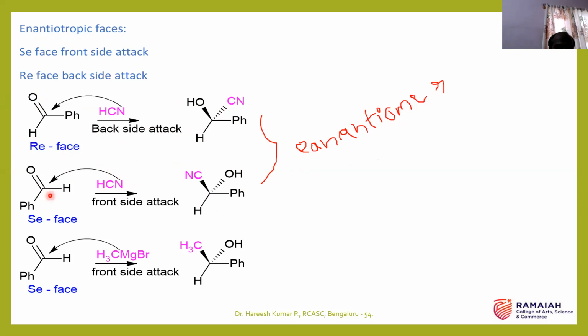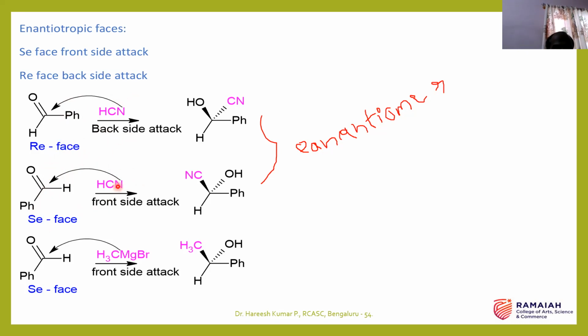And also you should be able to write the Re phase of benzaldehyde and the Si phase of benzaldehyde. In another way, you can also remember that if there is an attack from the hydrogen side, meaning the less hindered side, it is called Si phase. If there is an attack from the more hindered side, it is called the Re phase. So that also you can remember.